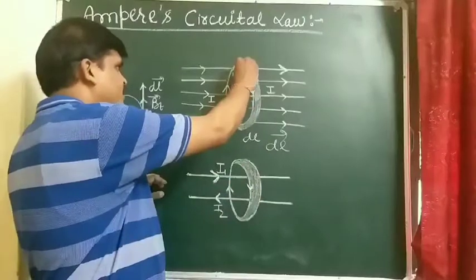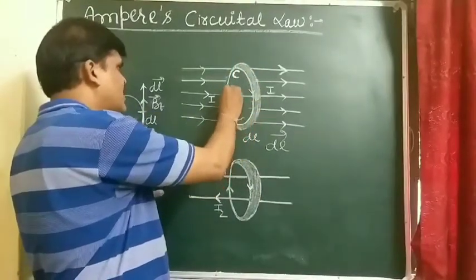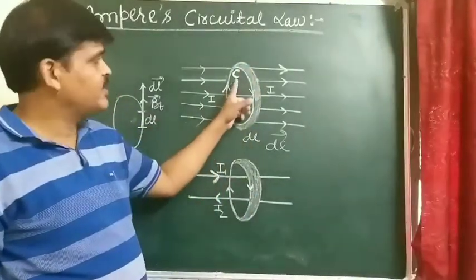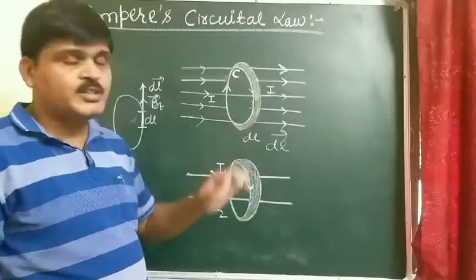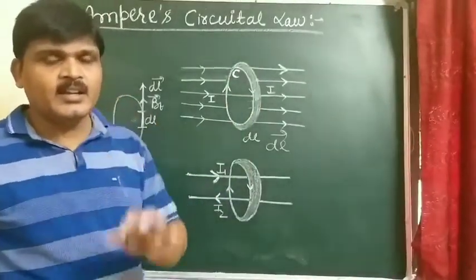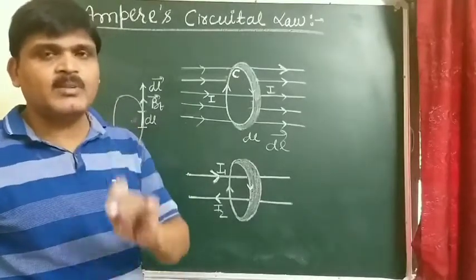This boundary C is made by a large number of small line elements.